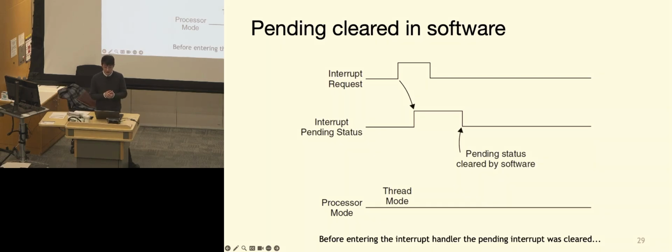In this case, it basically got shut down during the pending state, and the program stayed in the thread mode. And this can happen when the interrupt is not enabled at all. The clear of the pending is not dependent on whether the interrupt enable is up or the interrupt request is up or not.